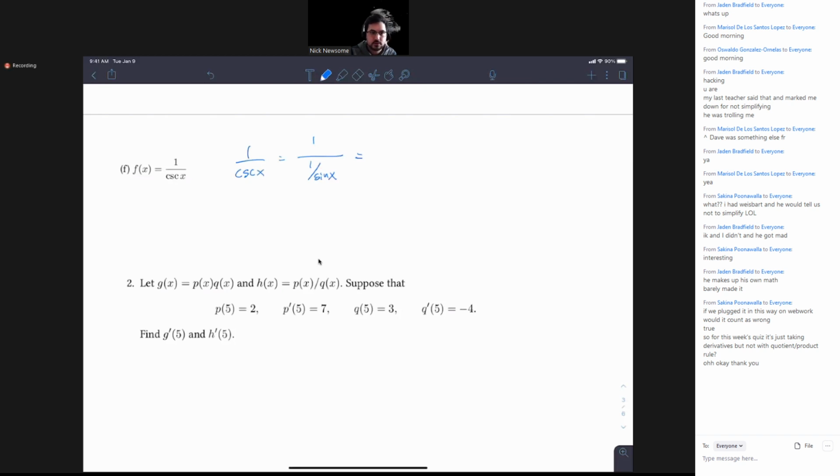And then using our knowledge of dividing fractions, this really just becomes sine of x. So they wrote sine of x in a bizarre way. So then taking this derivative requires not a whole lot of work.